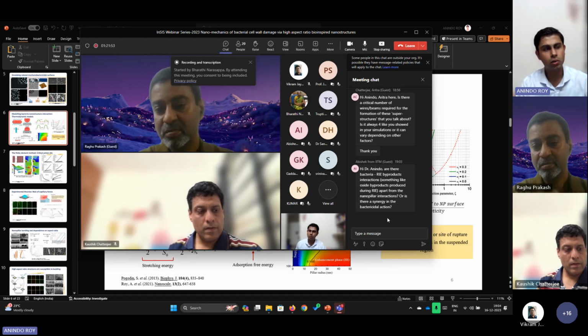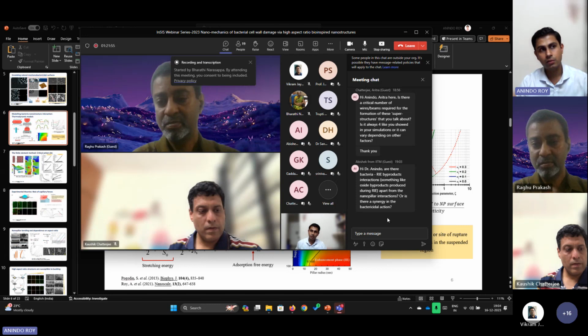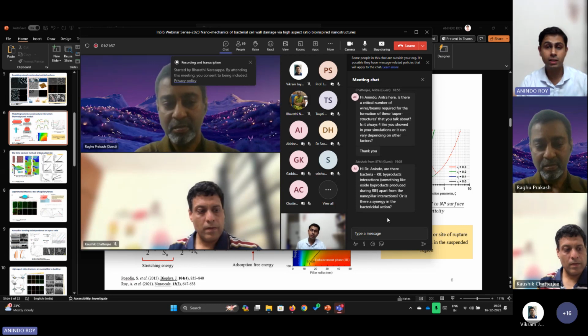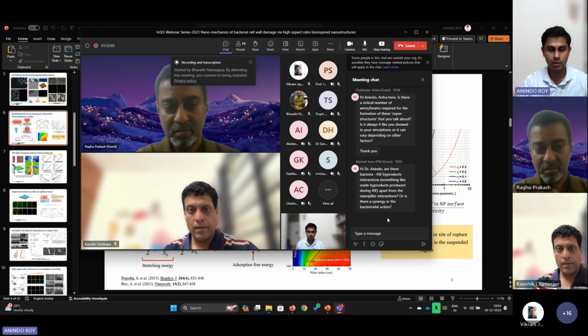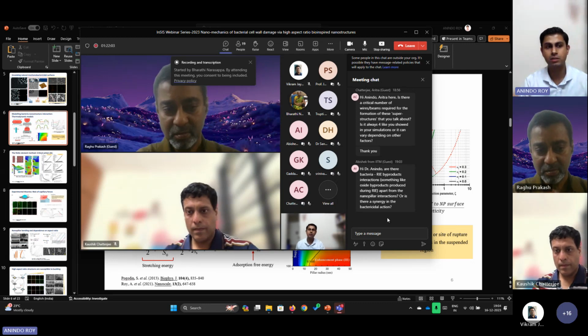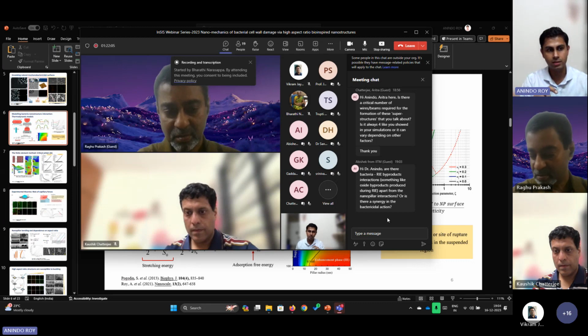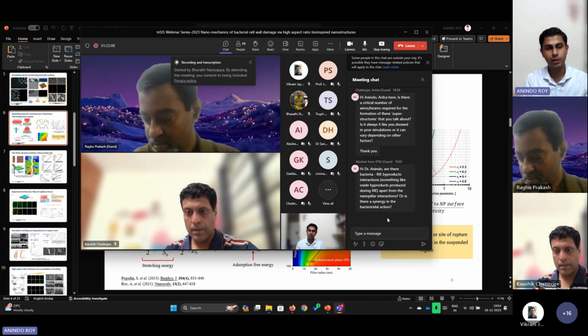So there is no particular advantage of having a strictly ordered topography, other than if you want to investigate the role of exact nanostructure dimensions, let's say radius, and you want to increase or decrease or control the nanostructure feature dimensions precisely.